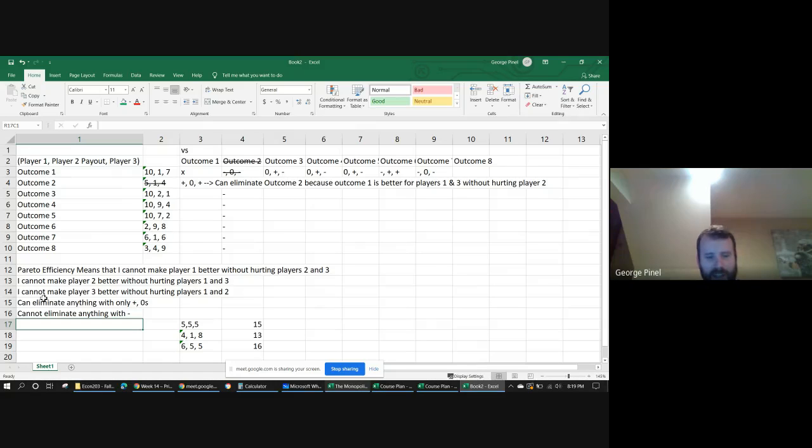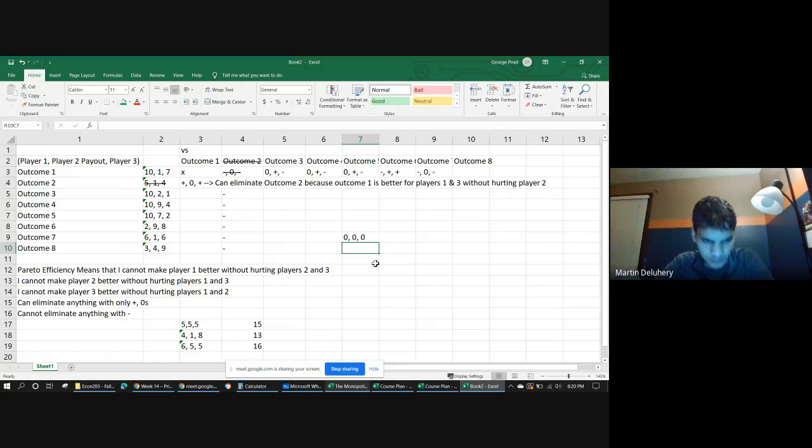I guess technically, if everything is a 0 and there is no other Pareto efficient outcome, then if there's no better outcome, you can't eliminate that. So if it's like 0, 0, 0, so if you have the same two outcomes, they're either both Pareto efficient or both Pareto inefficient. Oh, okay.